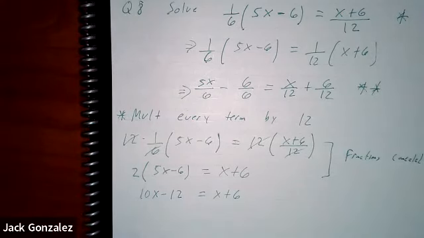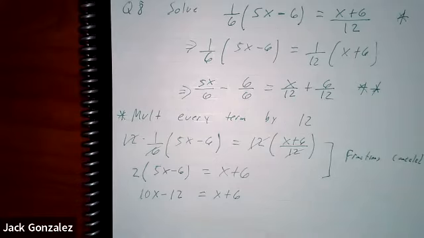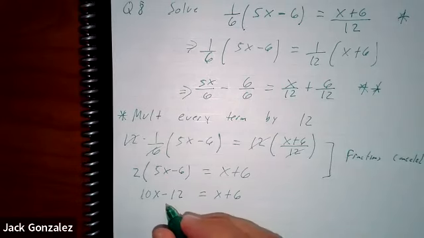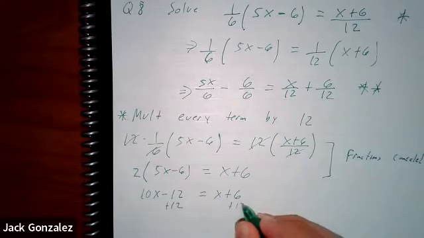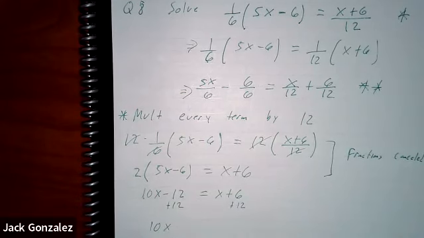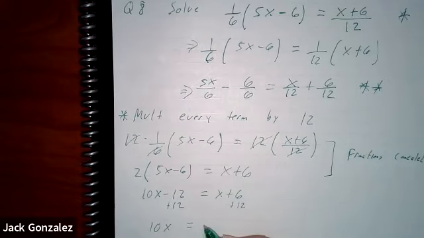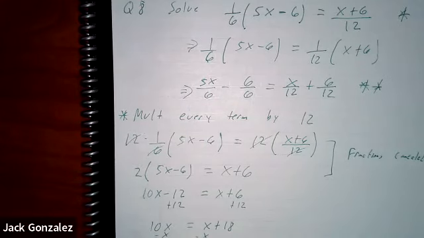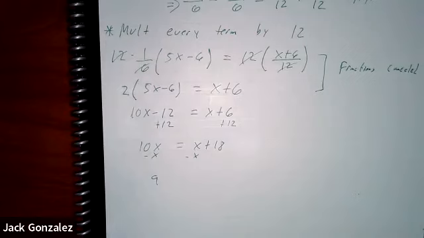What do we do next? Add 12 to both sides. Or you can even subtract x from both sides. We can move the x, either way, it doesn't matter, right? That gets us to here. Subtract the x.